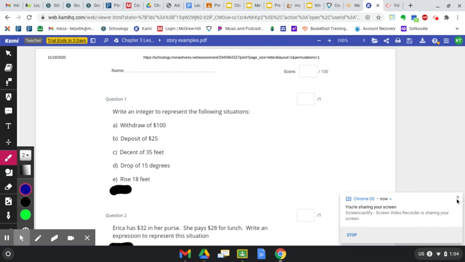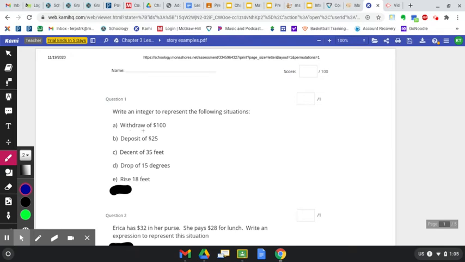All right, I just want to go through some story problems here and keep working with these as we go through the chapter. So the first thing we looked at was writing an integer to represent a situation. So we want to look at some key terms and represent it with either a positive integer or a negative integer.